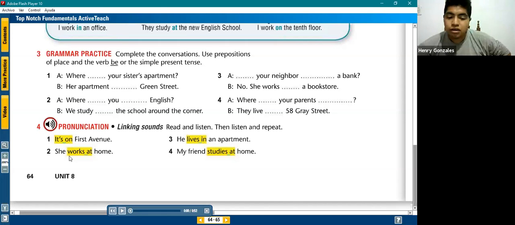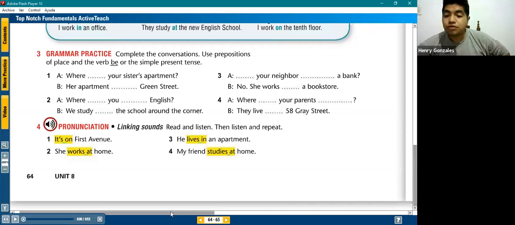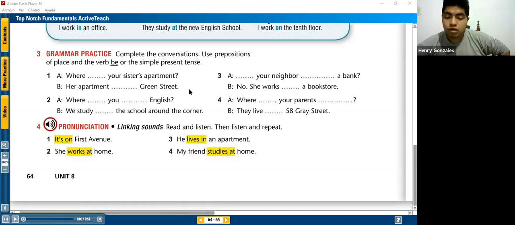It's on, works at, lives in, studies at, okay? So please try to practice your pronunciation with this, okay? Tratemos de practicar nuestra pronunciación ahí con estas pautas. And, well, you can listen to it again in your book. Pueden incluso escucharlo de nuevo en su libro. And let's continue.